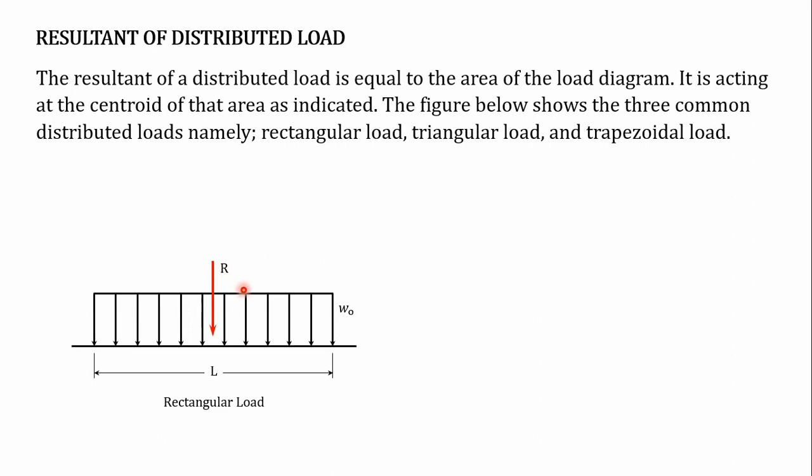R is equivalent to the intensity of the distributed load, or WO, times the length. The unit of this, class, is load per length, for example kilonewton per meter, times the length.